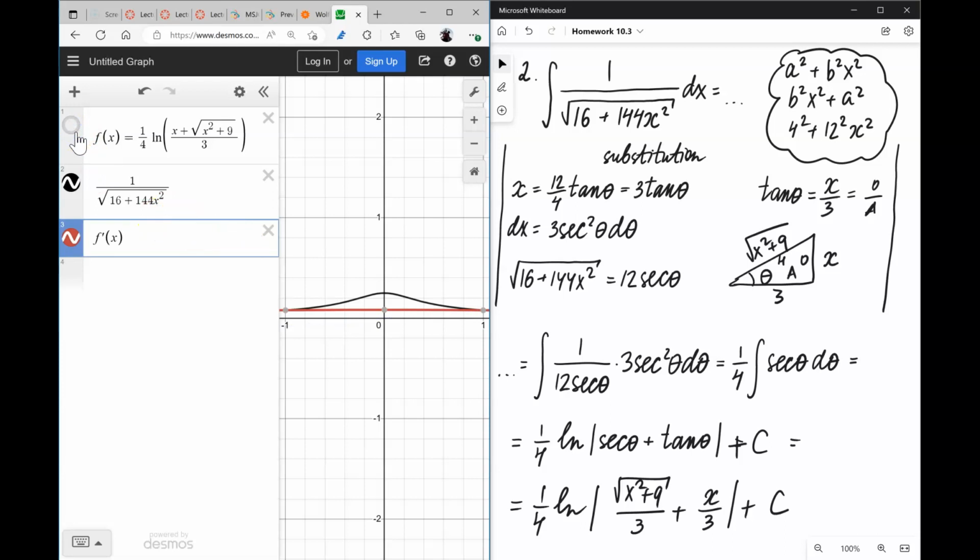And it's not. So where did I go wrong? What's the derivative of the integral of secant?